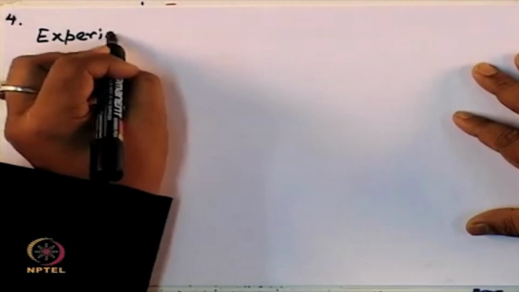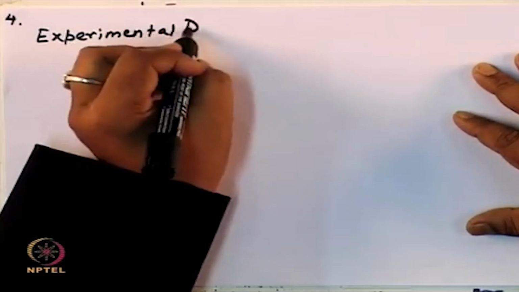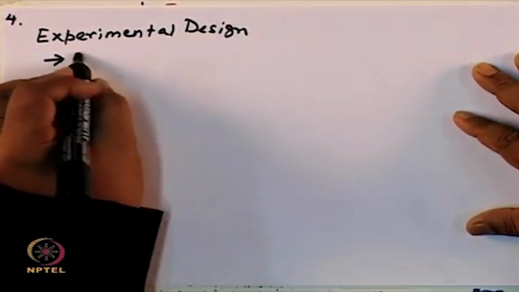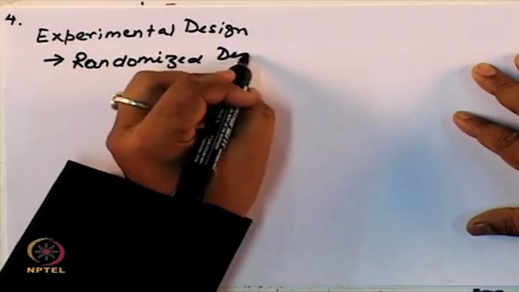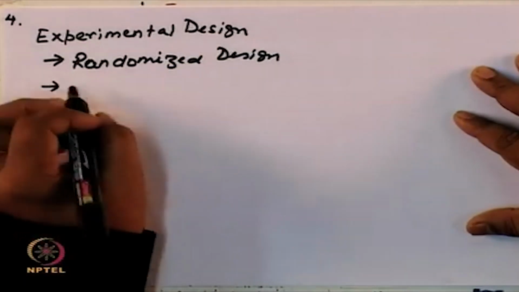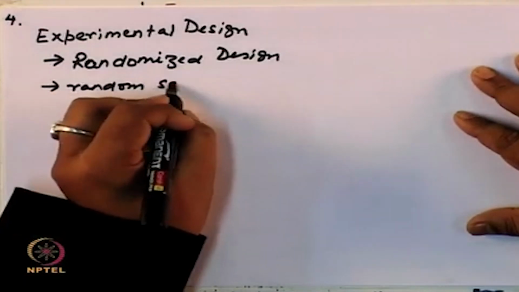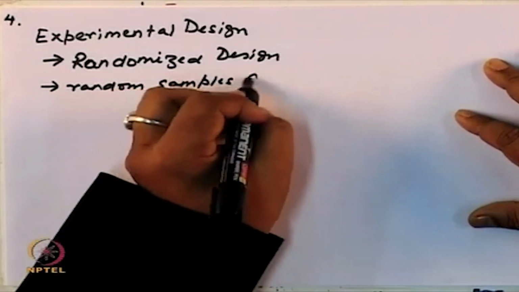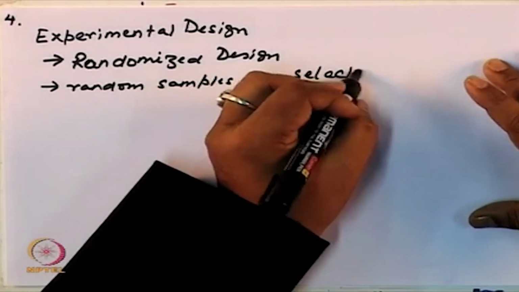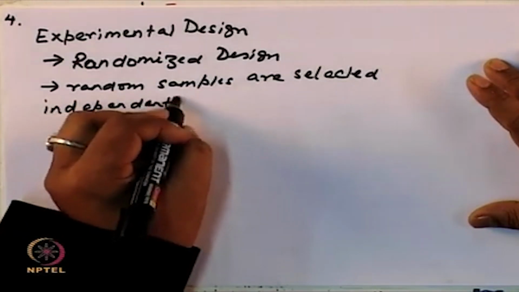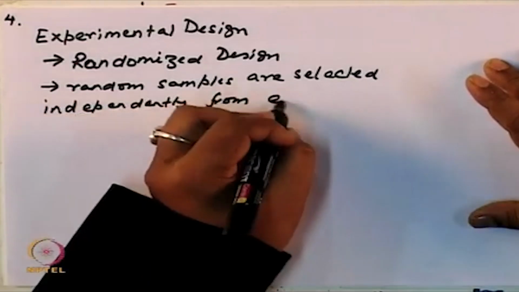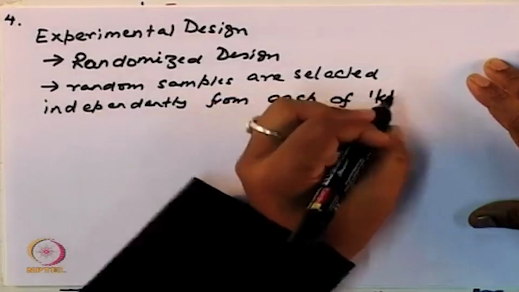There are various ways in which you can draw the sample. One of the experimental designs is called the randomized design, where random samples are selected independently from each of k populations.